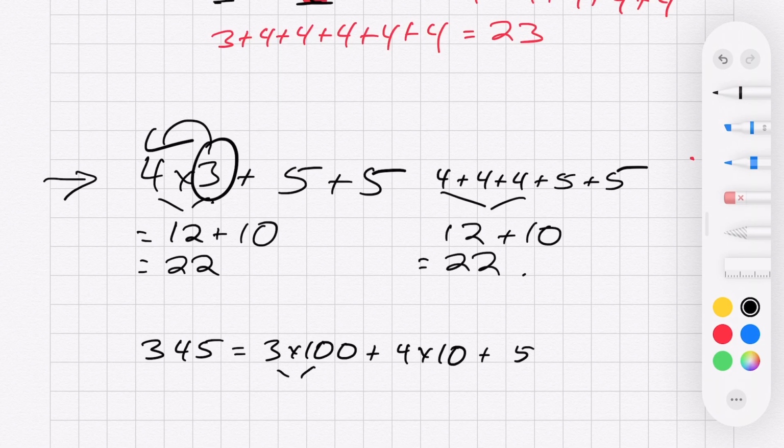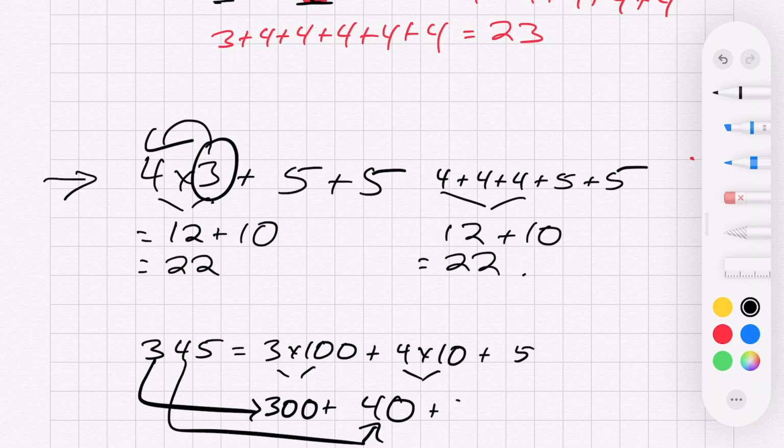I could do this here first, so that would be 300, which is the 300 there, plus 40, and that comes from here, and then plus 5, and you can see that it goes back to what we originally started with.